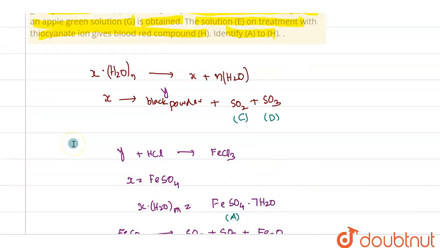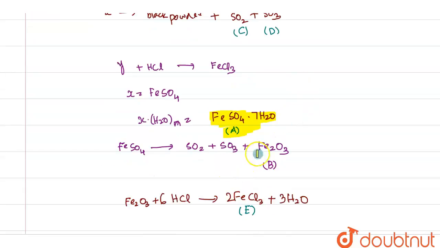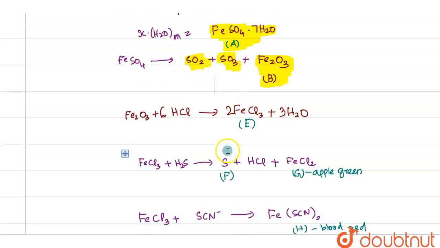So A was ferrous sulfate in hydrated form, FeSO4 dot 7H2O, and B was ferric oxide, Fe2O3, formed on heating. C was sulfur dioxide, and D was sulfur trioxide. E was ferric chloride, FeCl3. F was sulfur, the white compound, and G, the apple green solution, was ferrous chloride, FeCl2.